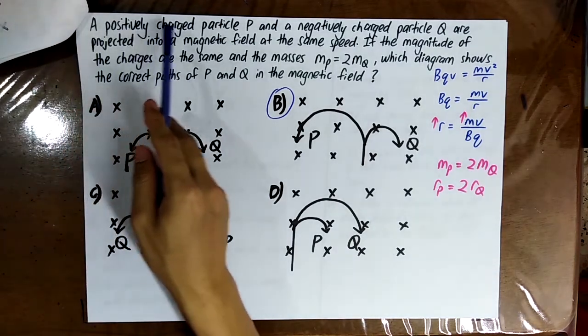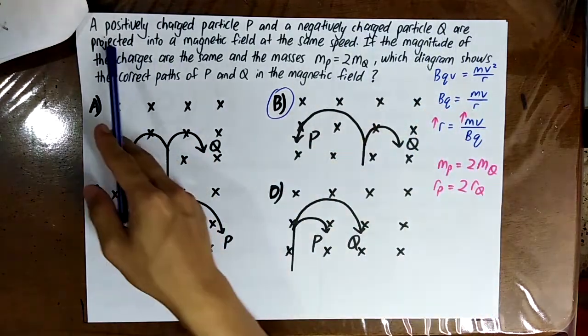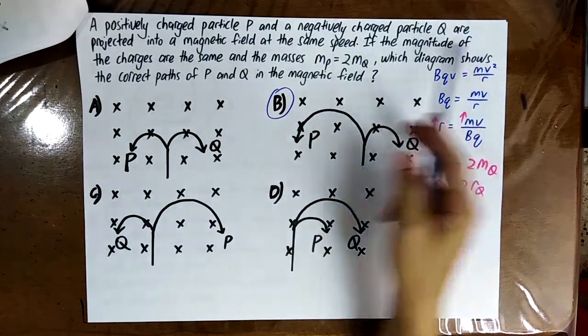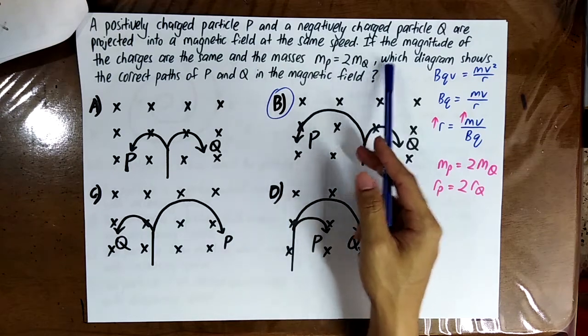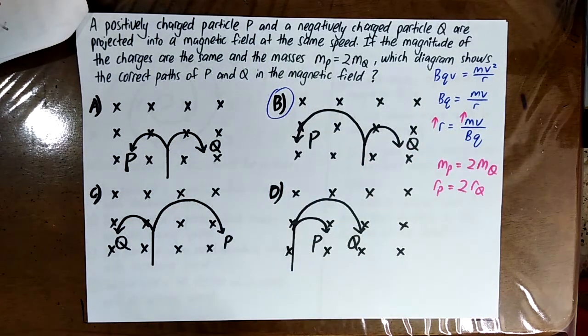A positively charged particle P and a negatively charged particle Q are projected into a magnetic field at the same speed. If the magnitude of the charges are the same and the masses mP equal to 2mQ, which diagram shows the correct paths of P and Q in the magnetic field?